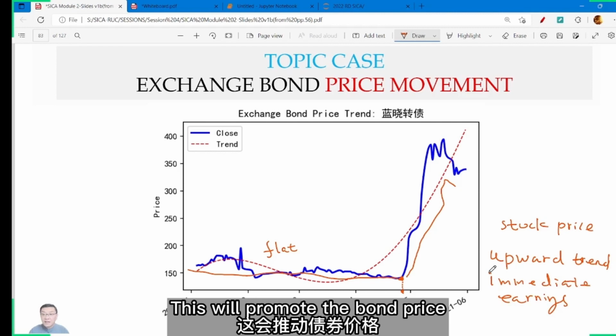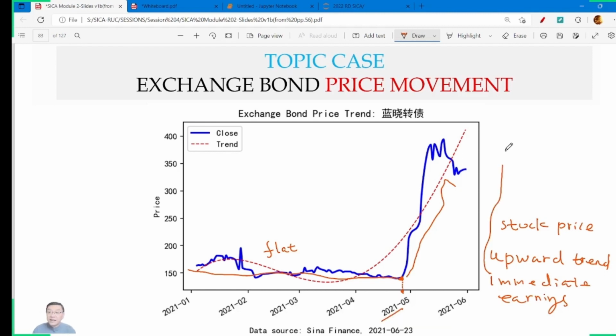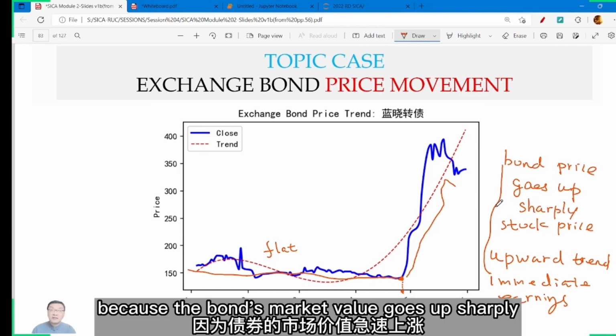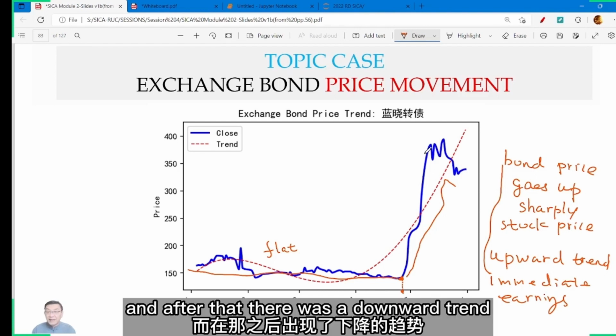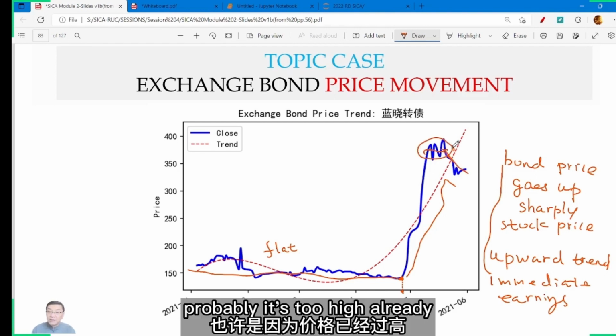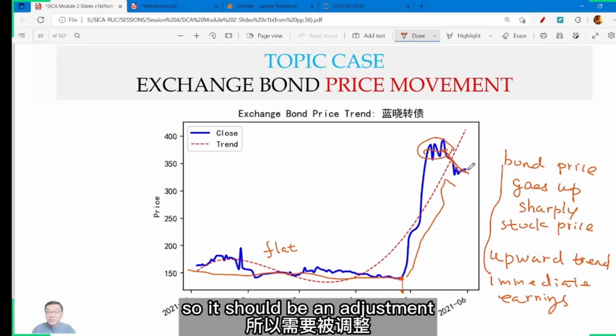This will promote the bond price to go up sharply, because the bond's market value goes up sharply. And after that, there is a downward trend. Probably it's too high already, so it should be an adjustment.